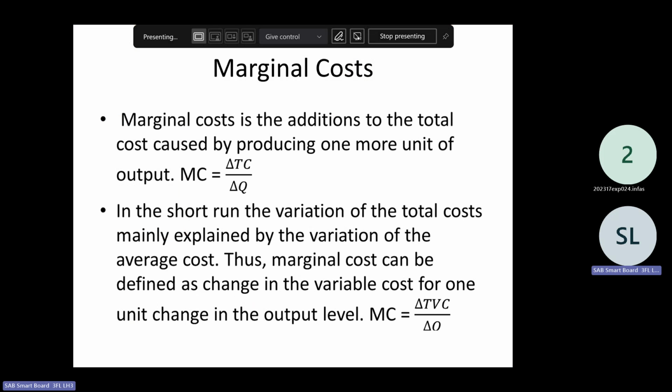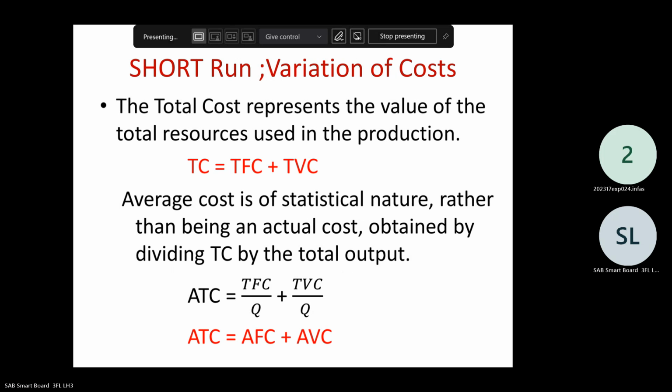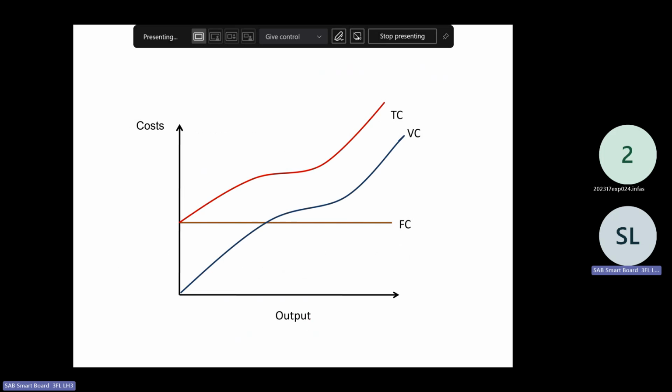So we talk about this. We know the shape of the total cost curve, and the total cost is mainly explained by the variation of the total variable cost, since the fixed cost is constant for the period.